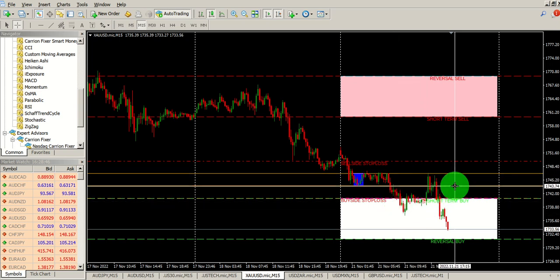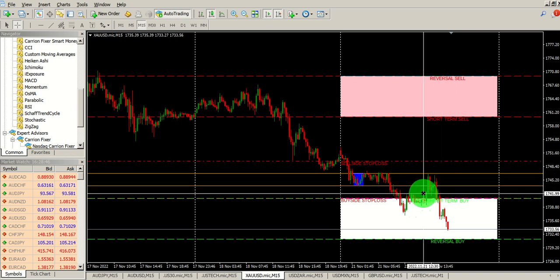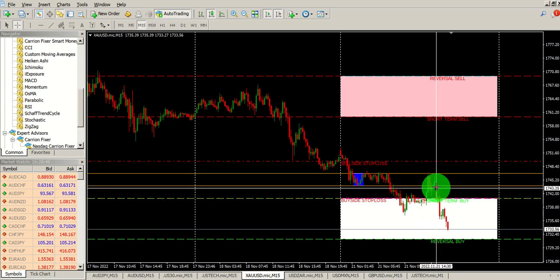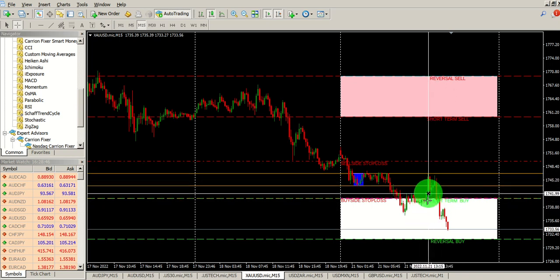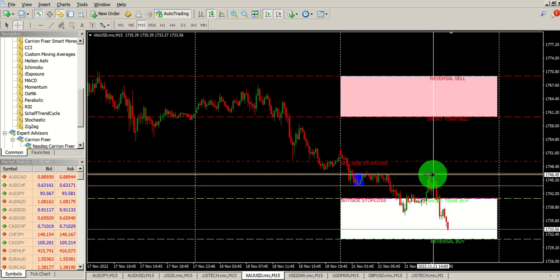Also, this move over here would have been a perfect opportunity for me to sell. As you can see, it gave me a nice M pattern off of the Asian high here.